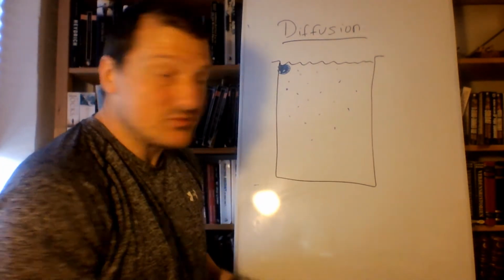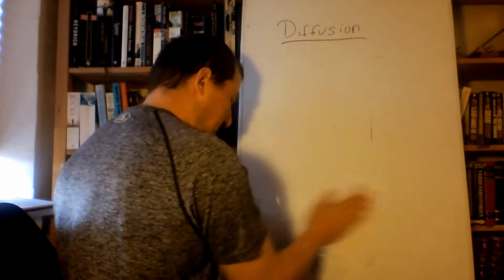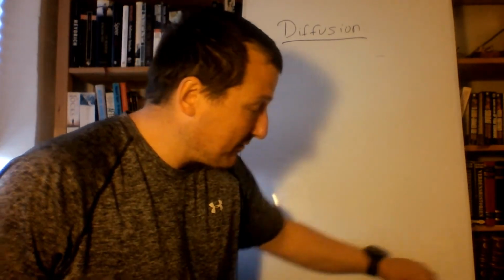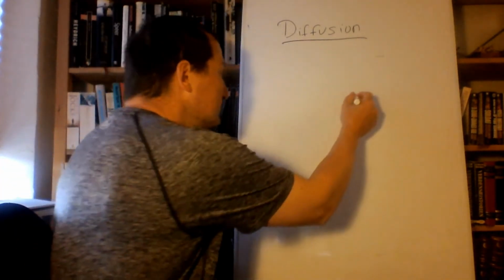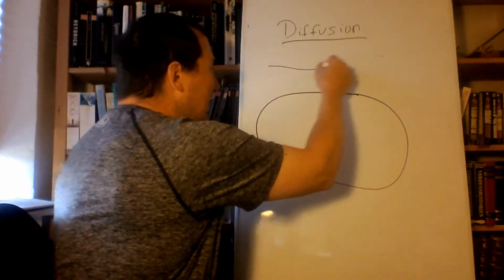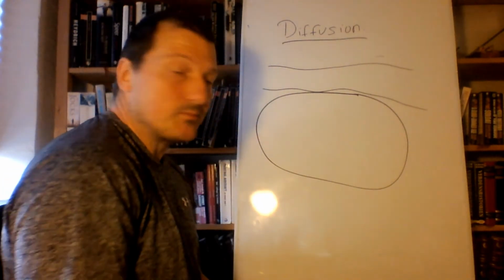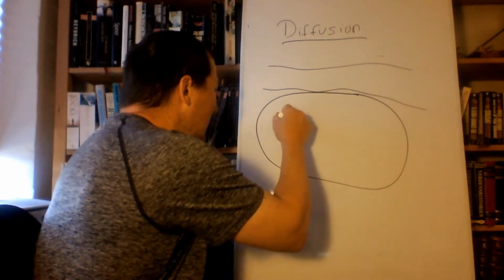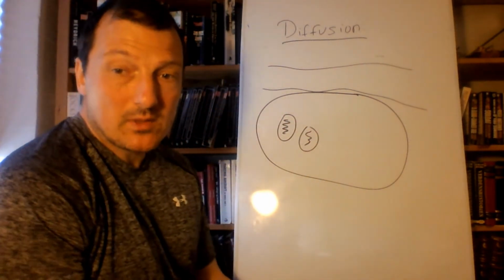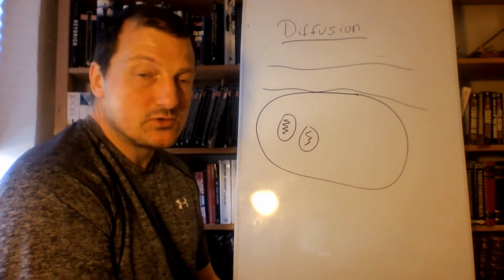So how does this work in biology? Again, I do apologize for this rather primitive setup, but this is what we have here. If we have a cell here, and here we have a capillary with blood running through. Inside the cell here, we have a mitochondria, and as you might remember, those mitochondria use oxygen to create energy.